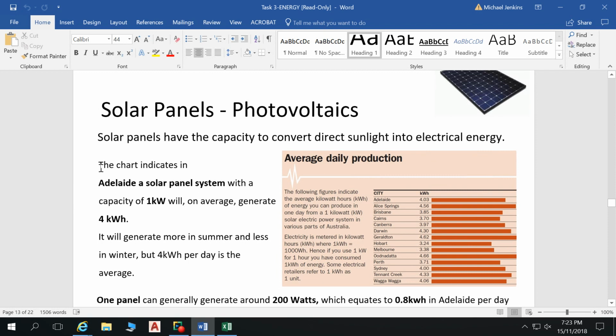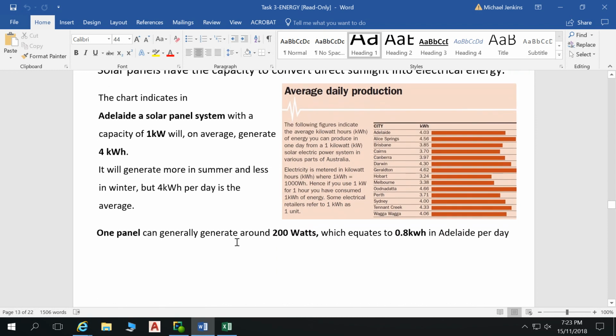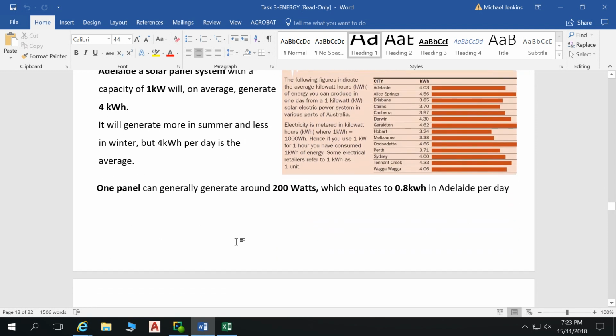And so this chart indicates Adelaide's solar panel system with a capacity of 1 kilowatt will on average generate 4 kilowatt hours per day. So this is average daily production. Our 1 kilowatt system is going to produce about 4 kilowatt hours per day, generating more in summer and less in winter. One panel can generally generate around 200 watts, which equates to 0.8 kilowatt hours a day in Adelaide.